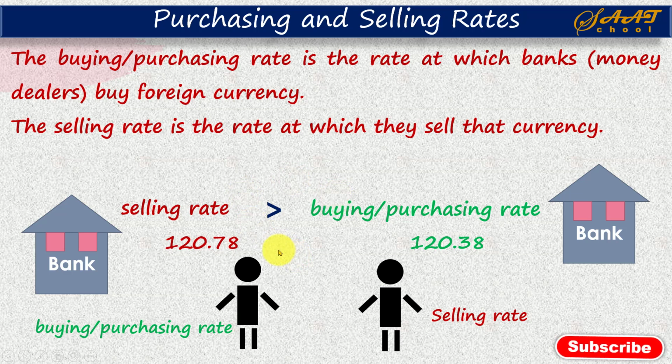Again, this selling rate is from the bank side, and when the bank is selling, you are the purchaser. And when the bank is buying or purchasing, then you are a seller. Selling rate is always greater than the purchasing or buying rate, and that is how the bank makes profit from the exchange rate.